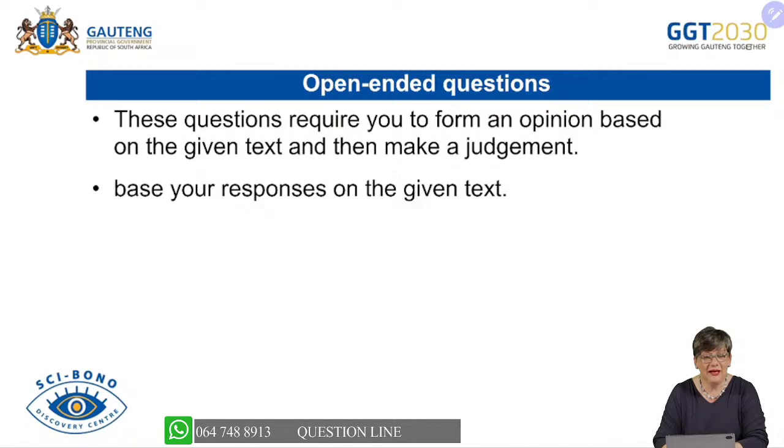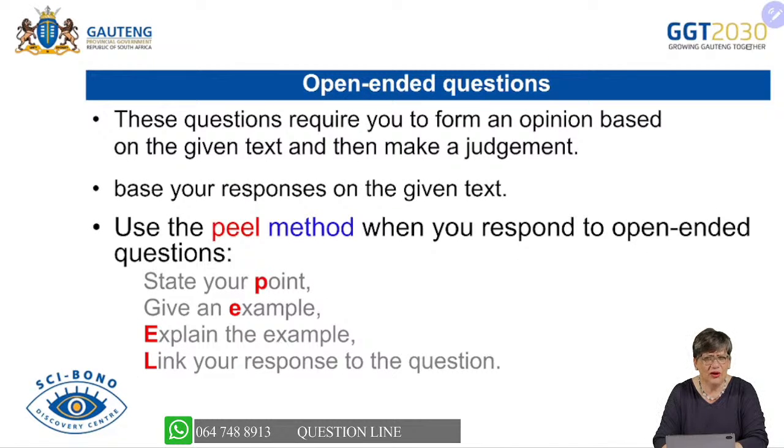What is important is to remember always to refer back to your text. You have to ground your answer in the text. Now, what does that mean? It means you can't be general and really give us your own opinion. Your opinion must be related to the text you've read.